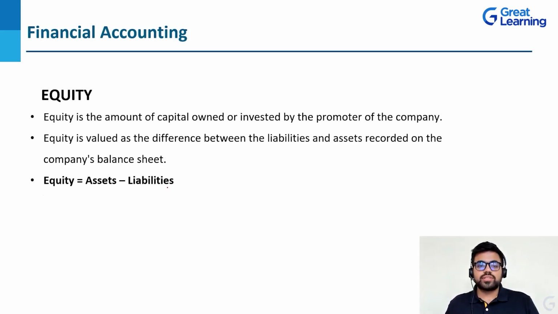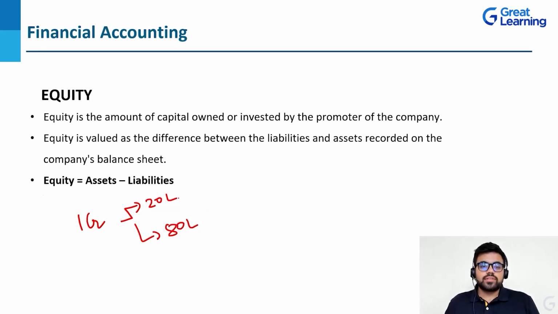What you see is known as the accounting equation. It is equity equals assets minus liabilities, or in other terms, assets equal liabilities plus equity. Let me show this with an example. Let's say you are buying a truck for your company for your logistical needs. You're buying a truck worth 1 crore, but you only have 20 lakh in hand, and for the remaining 80 lakh you take a bank loan, right?